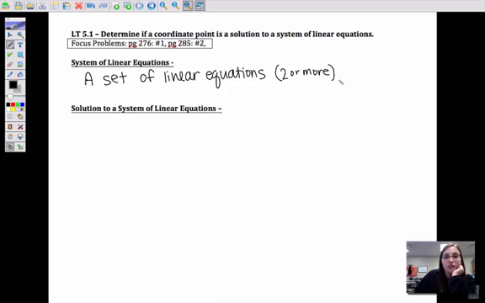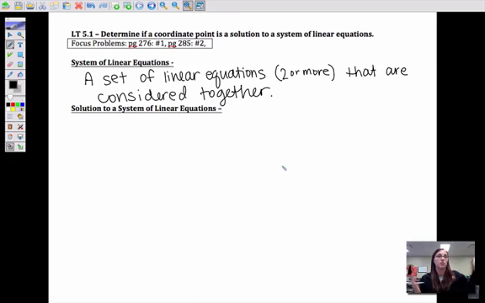So it's a set of linear equations that are considered together. So we're looking at them at the same time. We're not looking at them separately. We're looking at lines that exist at the same time, okay?